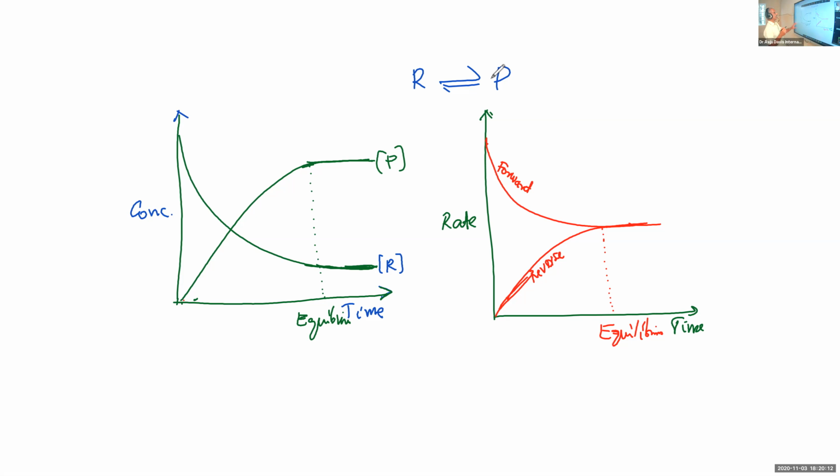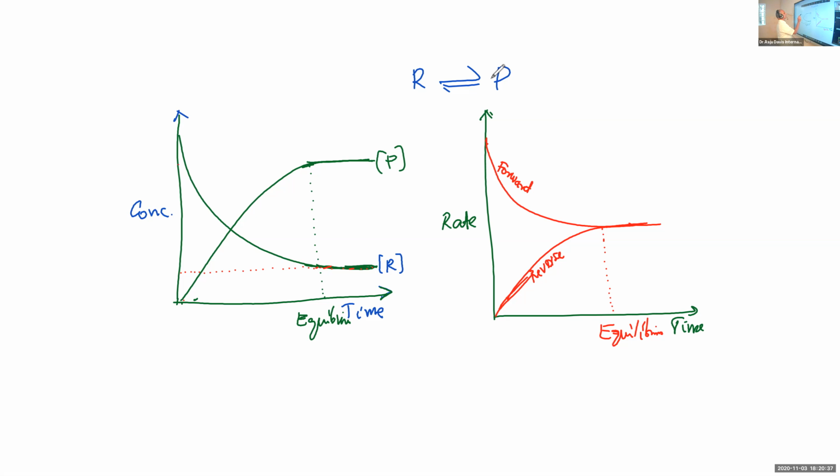At a certain position, the concentrations will remain constant. Say, this is the concentration, not rate, the concentration. So this is the concentration of the reactant. It remains the same at equilibrium.